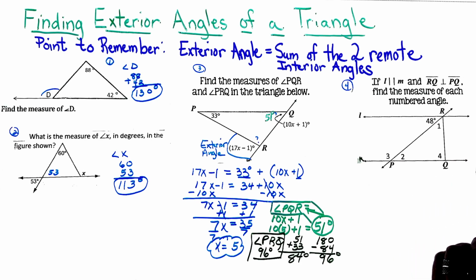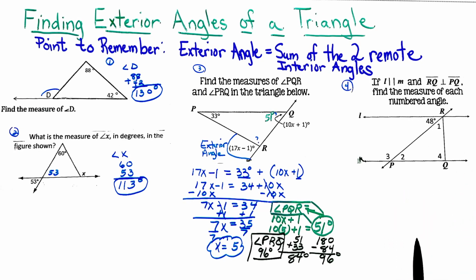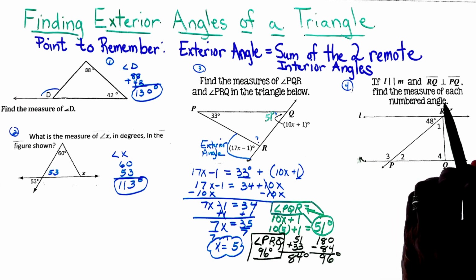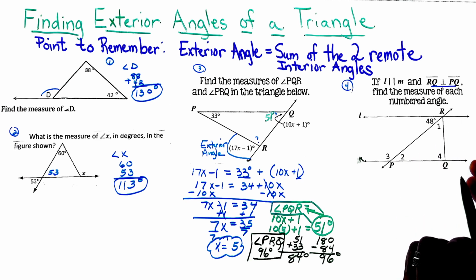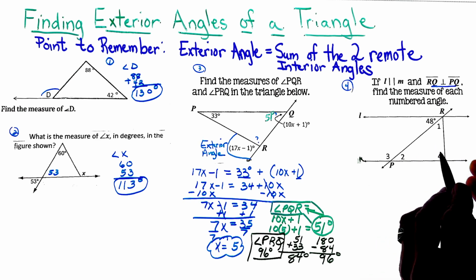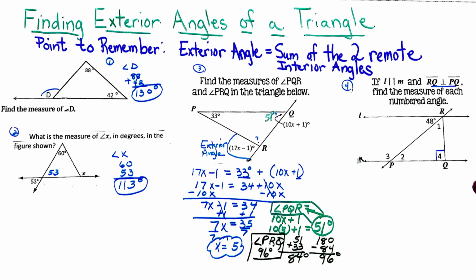So they're asking you to find the measure of the numbered angles. So we're going to find the measure of 1, 2, 3, and 4. So let's go back, and it's very important to realize that RQ and PQ are perpendicular. So I'm just going to put my 90-degree box there because that's what that means.